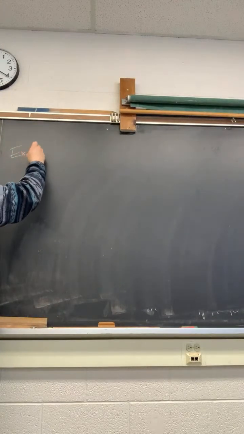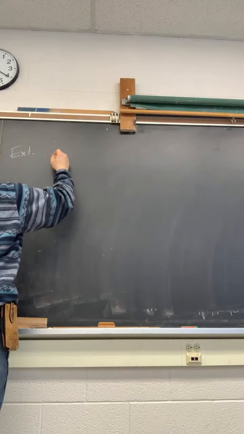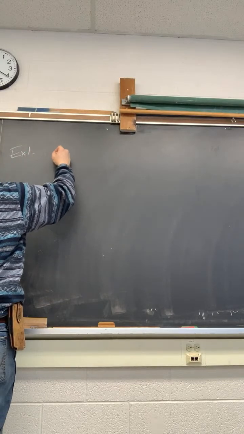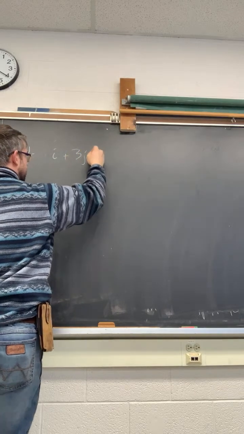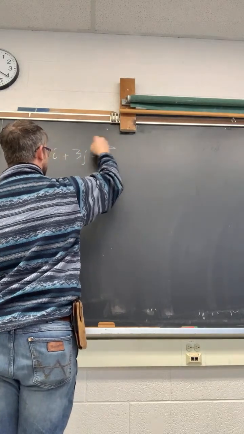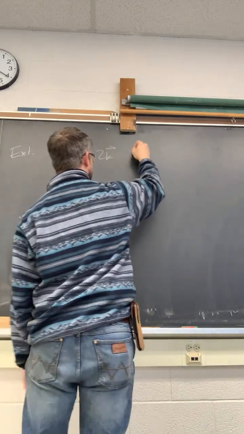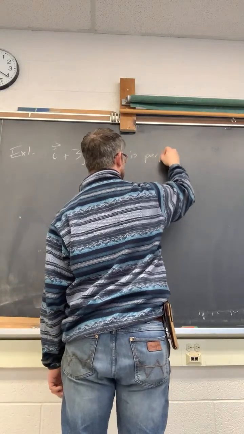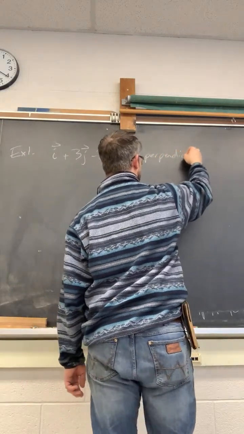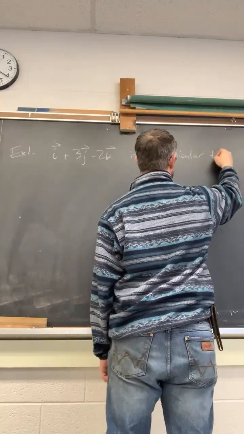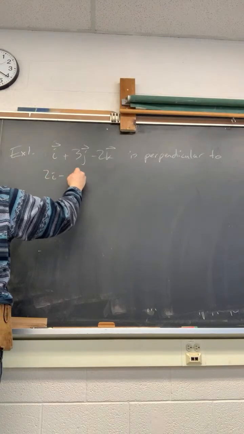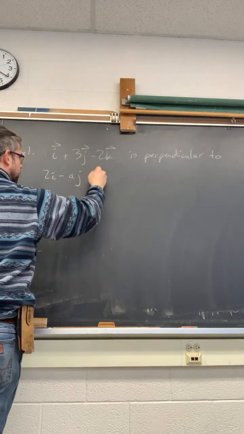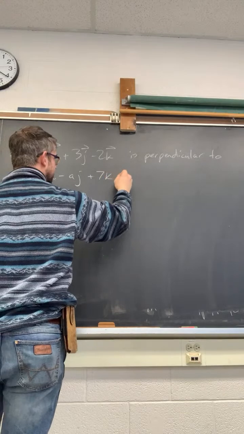So example 1, vector i plus 3j minus 2k is perpendicular to vector 2i minus aj plus 7k.